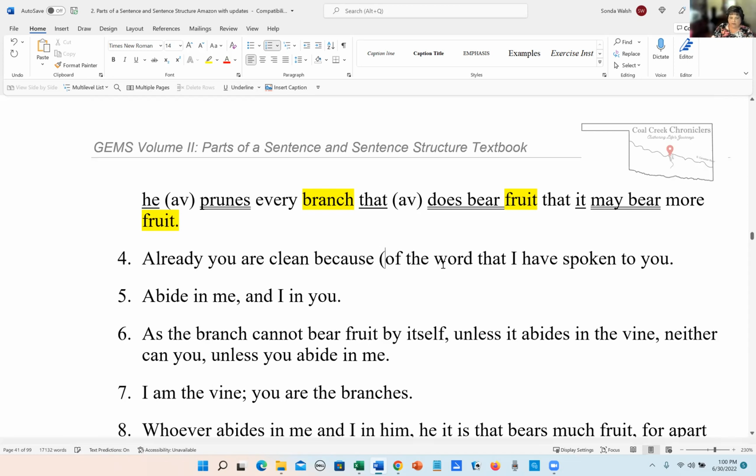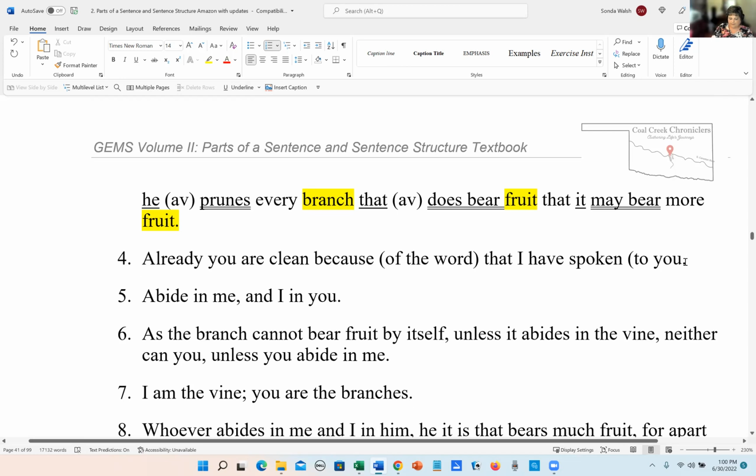Of the word and to you, it's a prepositional phrase. Okay, you is a subject. Are is a verb.